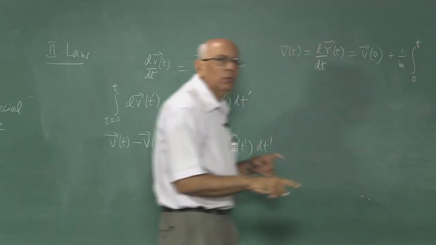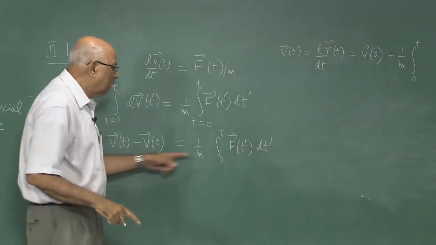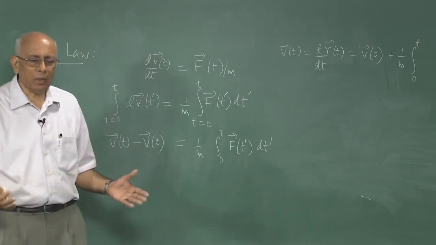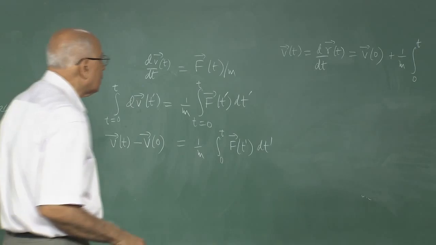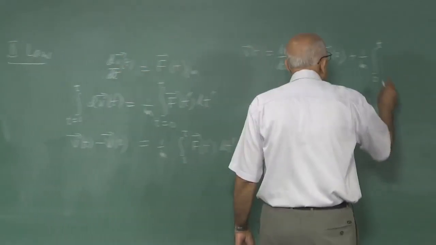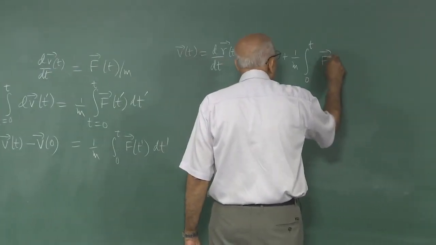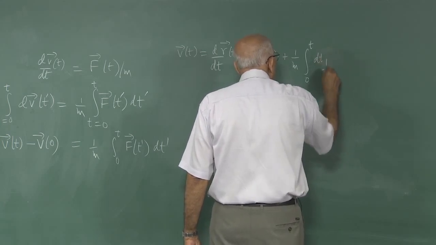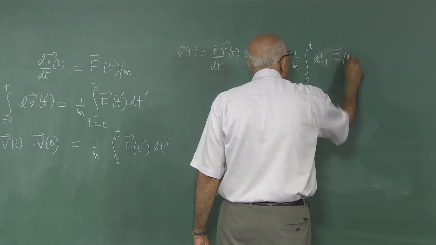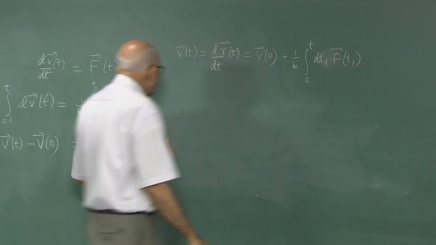Since we are going to have more than one integral, let me change the variable of integration. It does not matter what I call the variable of integration, it is only a label which will disappear after the integration. So let me call it t1, f of t1, and let us put the dt1 right away here in this fashion.